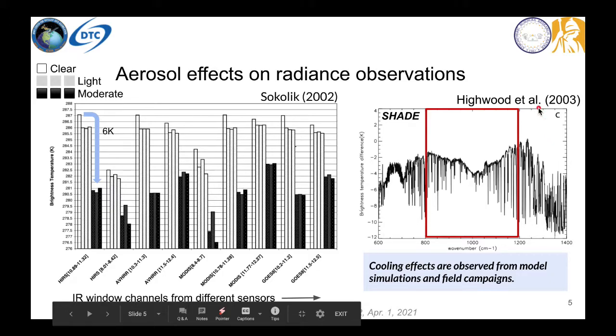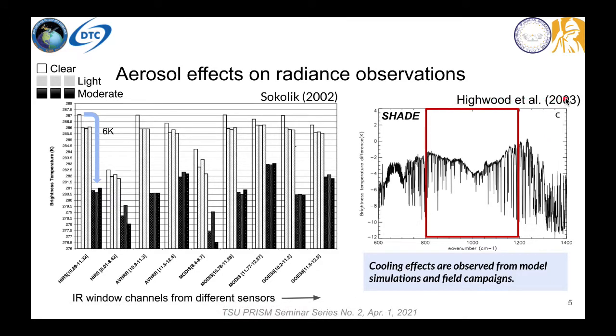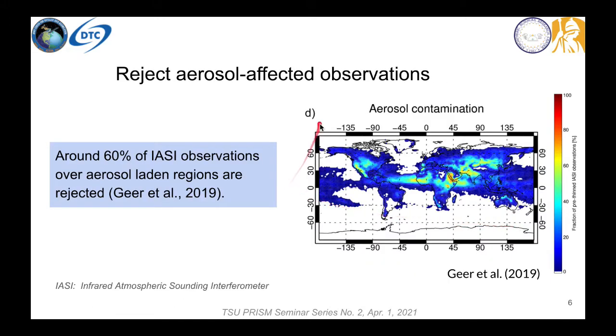Like Sokolik 2002 shows here, the x-axis are different IR window channels from different sensors, and she injects two kinds of loading of dust aerosols into the radiative transfer model. Then, as you can see here, the brightness temperature could drop by about 60 degrees over the window channel.